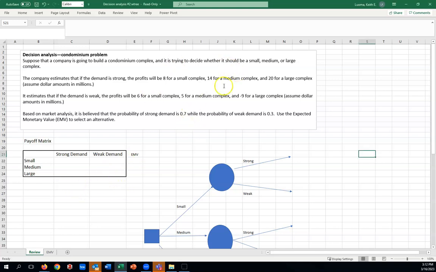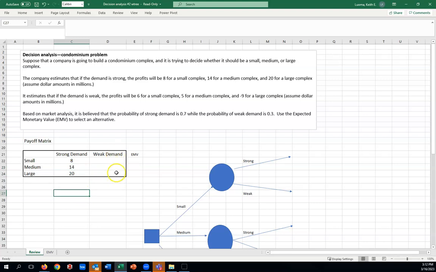Alright, so let's take these numbers here from the problem and find where they go in the payoff matrix. The second sentence here says, if the demand's strong, the profits, so strong demand would be right here in the table. The profits would be 8 for small, and then 14 for medium. These are in millions of dollars, and then 20 for a large.